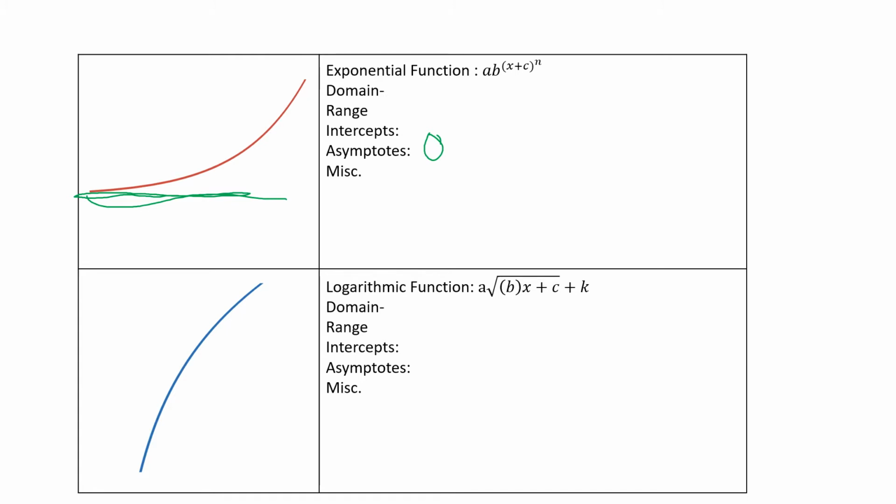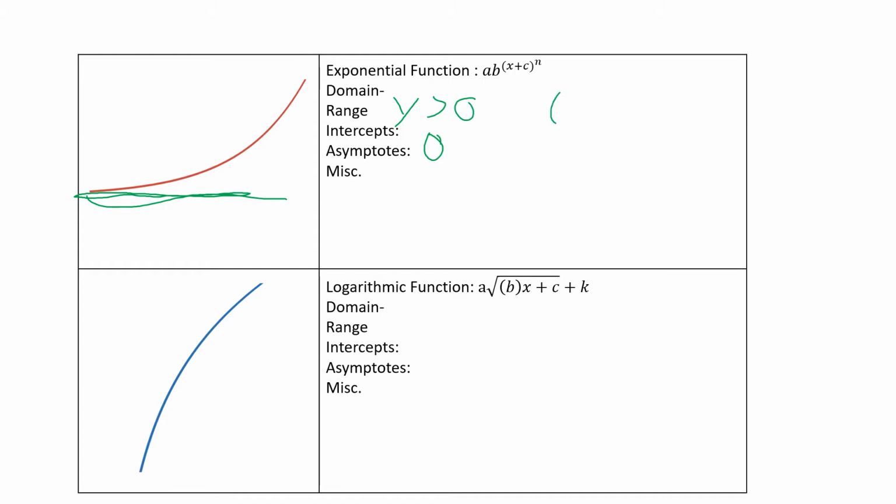So let me ask you a question. Since we know it doesn't touch 0, let me ask you, by looking at the graph, the asymptote is going to affect which characteristic, the domain or range? Why? It's going to affect the range because we're dealing with the y-axis. The range is going to be y greater than 0.